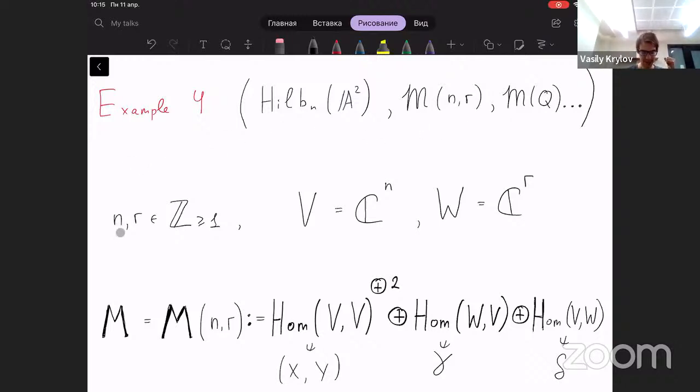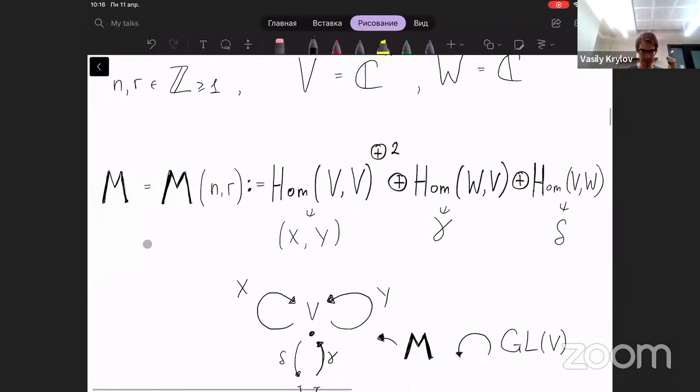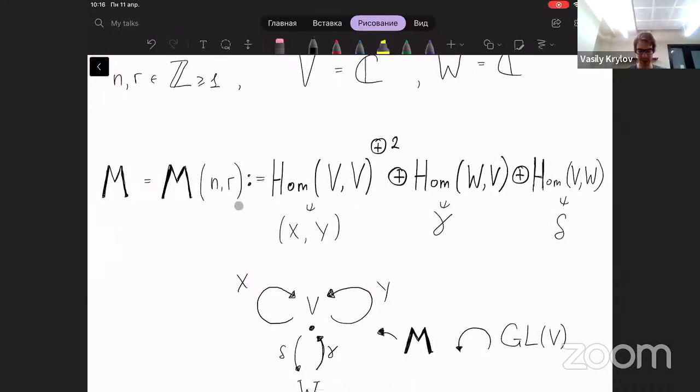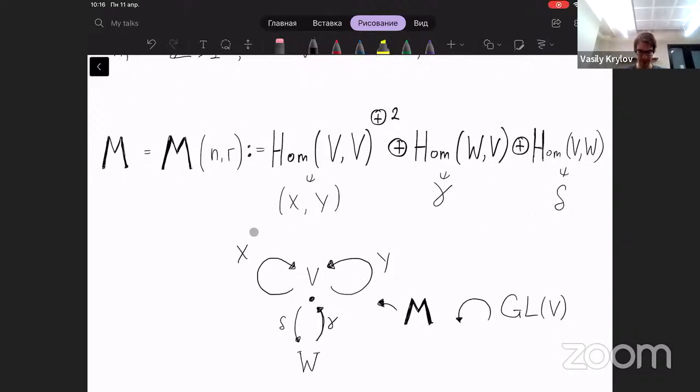We fix positive numbers N and R, and we denote by V the vector space C to the power N, and by W the vector space C to the power R. And let us consider the following space, which I denote by M(n,r), which will be homomorphisms from V to V to the power 2, plus homomorphisms from W to V, plus homomorphisms from V to W. So you can think about this space as the representation of the following quiver.